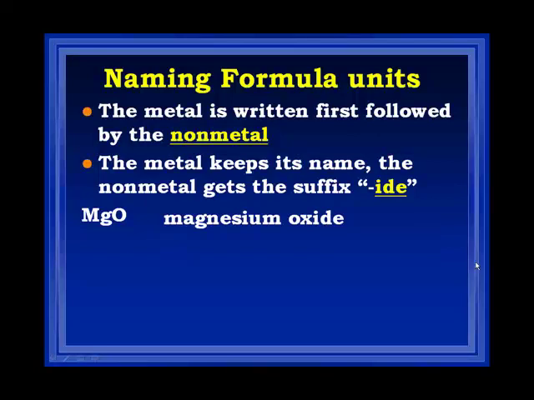No capitalization, two different words, one for the metal, one for the nonmetal. If we look at the next one, NaCl. First name the metal, it's just sodium, and then name the nonmetal. Chlorine becomes chloride, so its name is sodium chloride. Okay, do the next couple on your own.